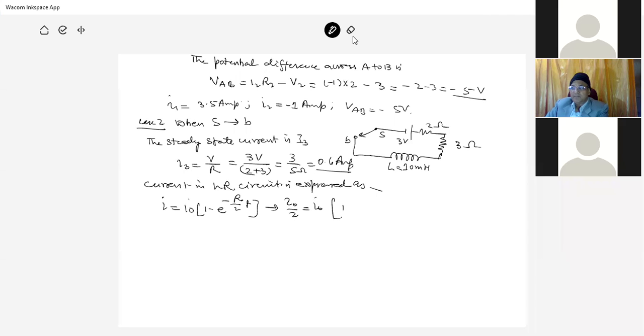So 1 by 2 is equal to 1 minus e to the power minus R by L into T. So e raised to the power minus R by L into T is equal to 1 minus 1 by 2, that is 1 by 2.